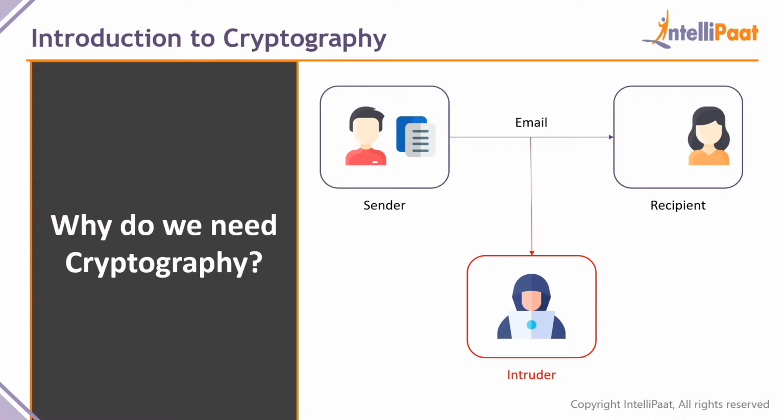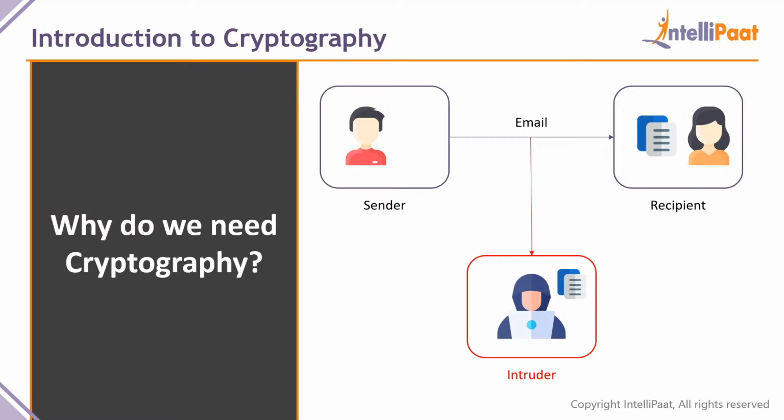This could be the case when you're trying to send data over a local area network, and the local area network is compromised to give the intruder access to all of the traffic present in that network. So you send this data file, it goes to the recipient, but it also goes to the intruder.